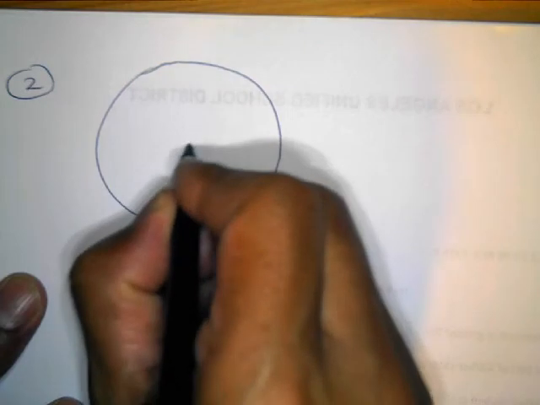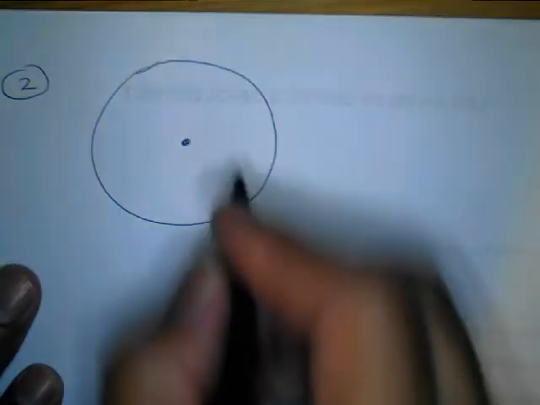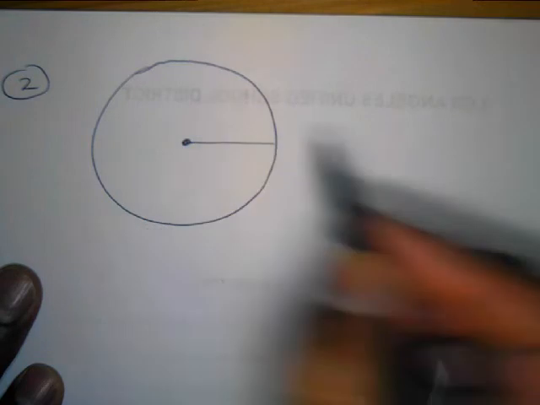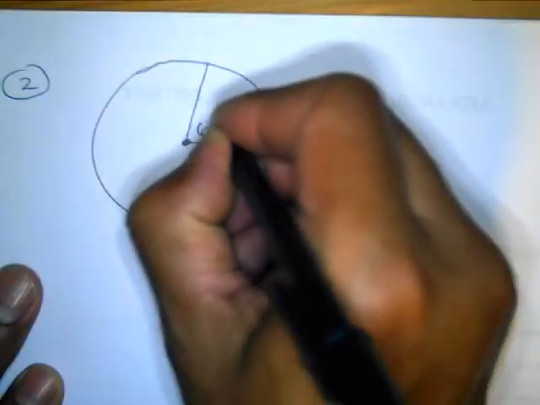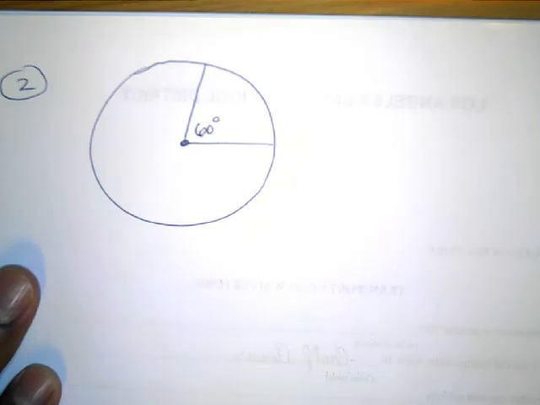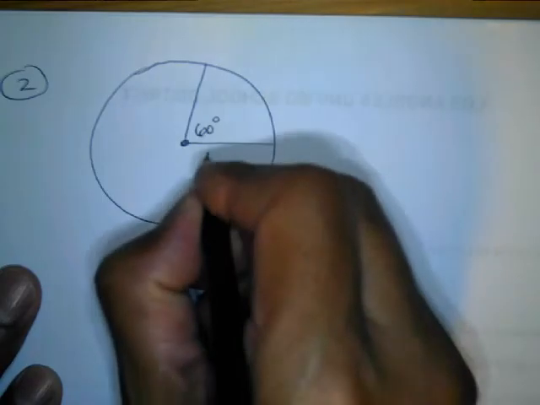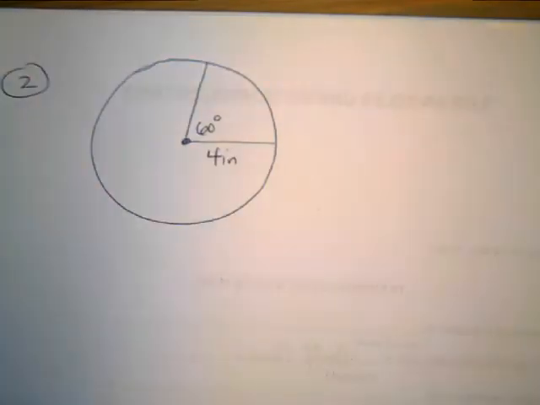All right, let's do a couple more real quick. Number 2. I have a circle like this. Remember, pause it if you need to so you can catch up and draw. I have a 60-degree angle. Good, we need that.